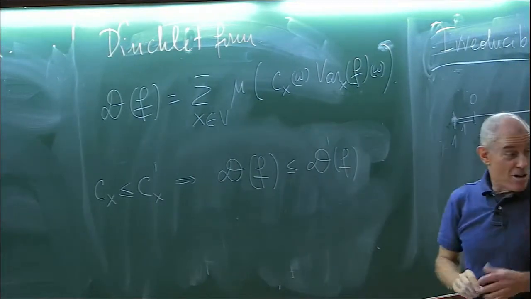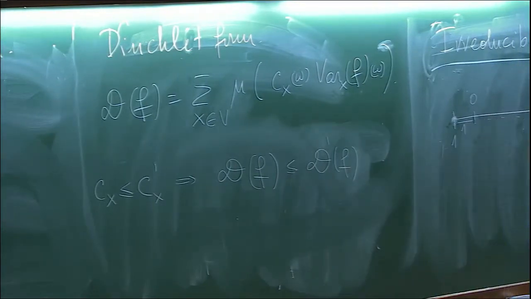So in particular, if you recall that the relaxation time is the best constant in the Poincaré inequality, variance of f less than the constant times the Dirichlet form, then immediately we can get an ordering between the relaxation times of the various models.